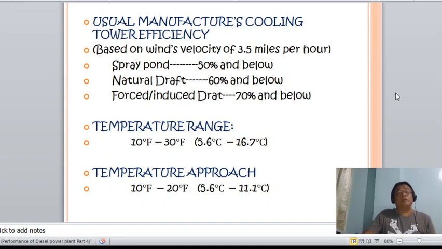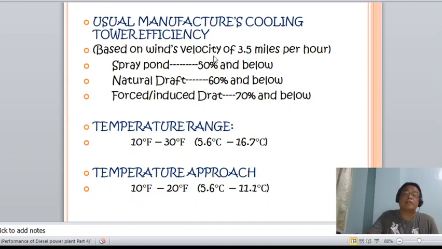So, we have also the usual manufacturer's cooling tower efficiency. Okay? Here is the approximate value of the efficiency. For spray pan, the efficiency is 50% and below. For natural draft, that is 60% and below. And for forced or induced draft, that is 70% and below.